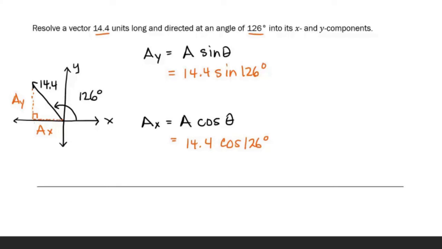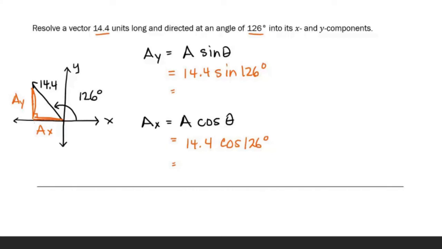That is, what do you expect in terms of the sign of these answers? Will they be positive or negative? Looking at the picture, I see that in quadrant 2, I must have a positive value for y. So I expect that A_y will be positive. On the other hand, because we're in quadrant 2, we've moved in the negative direction along the x-axis, so I expect that for the x component, I'll end up with a negative value.